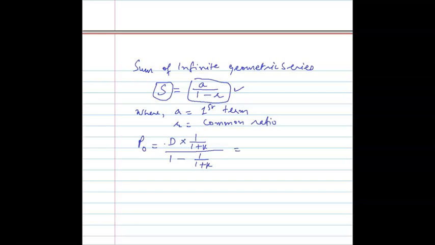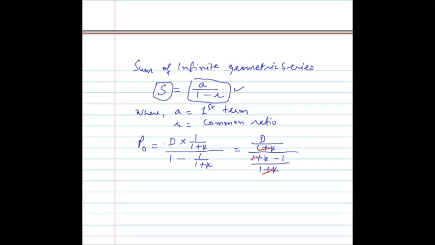The rest is simply a simplification. On the numerator we have d over 1 plus k. And in the denominator we can solve this out: we will have 1 plus k minus 1 divided by 1 plus k. So what do we see here? There's a 1 plus k here in the denominator and a 1 plus k here in the denominator. They are going to cancel out.